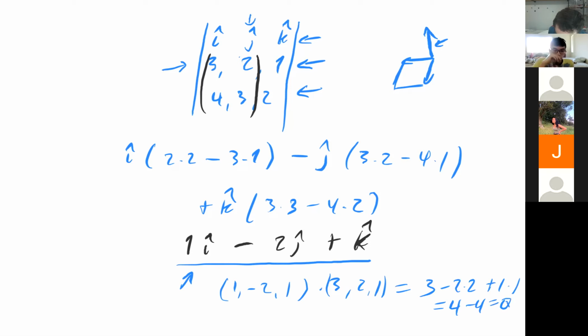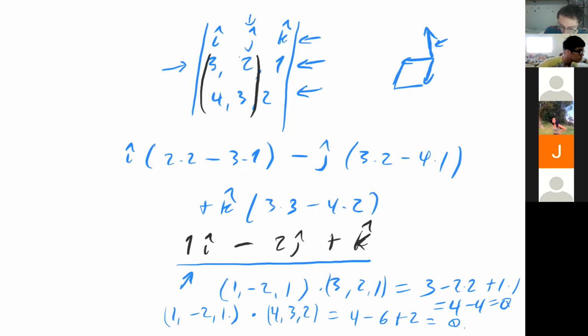And for the second vector, we take 1 minus 2, 1, and we dot it with 4, 3, 2. And that gives us 4 minus 6 plus 2, which is, of course, equal to 0. And so that means that, indeed, the cross product works. Namely, we put in 2 vectors, we get out something that is orthogonal to them. All right, great.